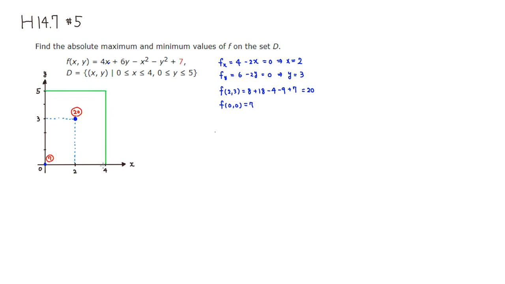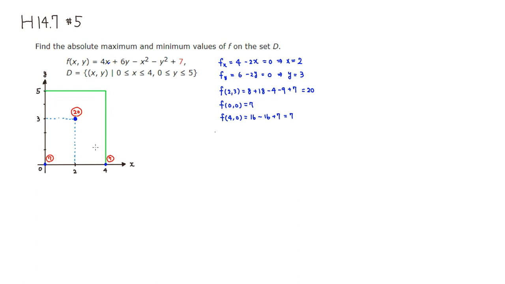And how about (4, 0)? x is 4, y is 0. 4 times 4 is 16, minus 4 squared, minus 16, is 0, plus 7. So it's 7 at the point (4, 0).